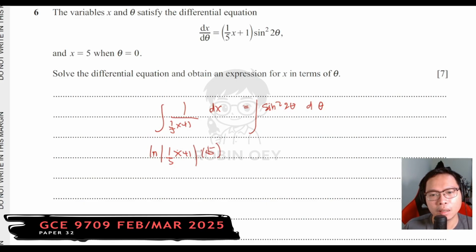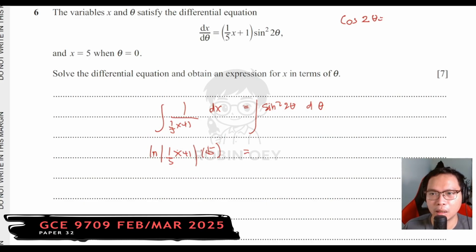And then on the second part, sine square 2 theta, we cannot simply integrate like this. So we have to change it into double angle form using cos 2 theta. I will explain from the beginning, so you guys know how I get this.